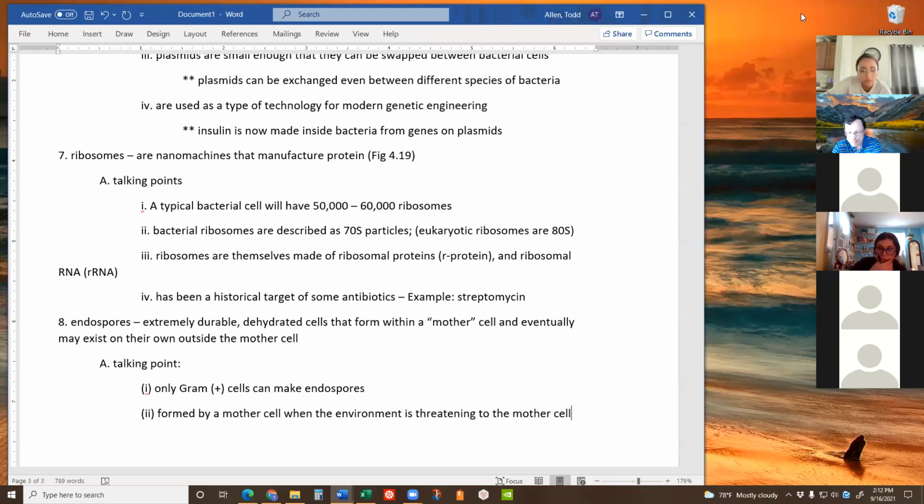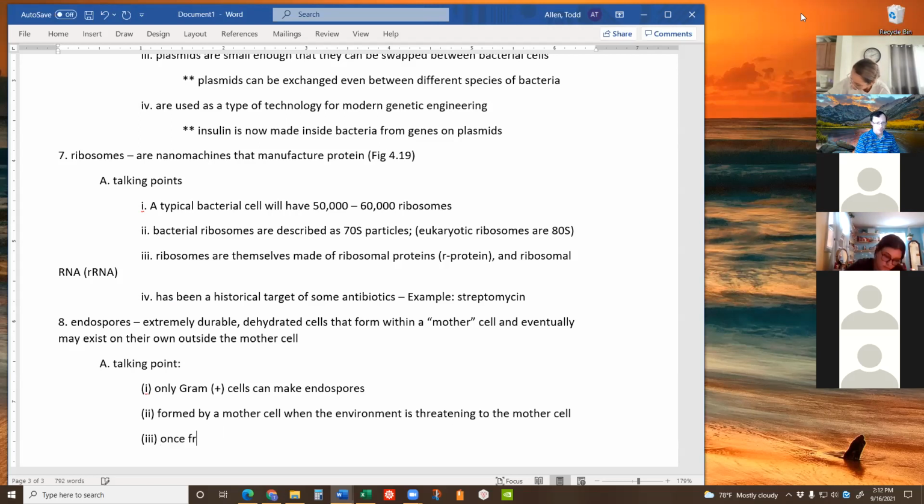If the environment has some kind of toxic chemicals in it, maybe some heavy metals, maybe it's overexposed to too much ultraviolet radiation from the sun, a variety of different things that the mother cell might feel threatened by, the mother cell will attempt to build an endospore before the mother cell dies from the environmental circumstances. Okay, an endospore can survive very challenging conditions.